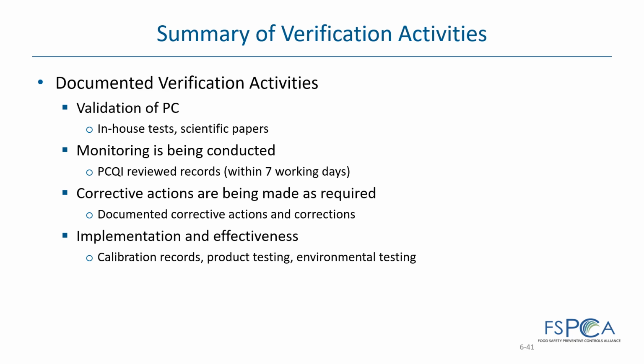We can also verify that our preventive control is being implemented by looking at the monitoring and reviewing those records within 7 days. Same thing with corrective actions. All of that's going to be documented, and we can review those decisions within 7 days. And then when we're talking more about effectiveness and implementation on the machinery side of things, that's going to be things like calibration records, product testing, and environmental testing.